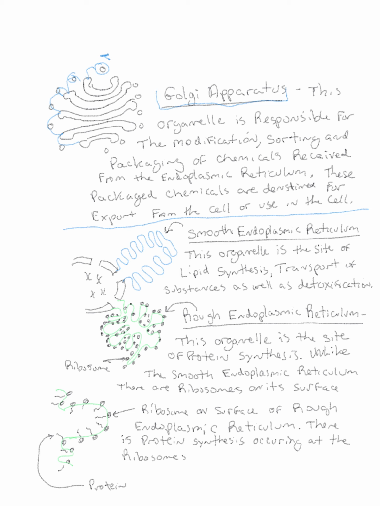And if you notice, I actually drew the nucleus. So the ER, the endoplasmic reticulum, both the smooth and rough, is actually continuous with the nuclear envelope of the nucleus. All right, and then if you look at this bottom picture here, I drew a section of a rough ER, where the ribosome is attached to the outside of it.